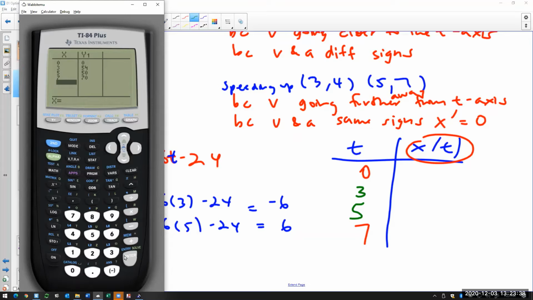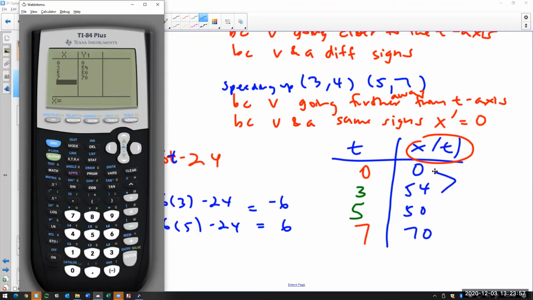You almost feel bad doing this, right? I mean, I know you feel bad but for other reasons. You feel bad because the answer is right here, 0, you just copy it, 54, 50, and 70. But those aren't my total distances. Do you remember how to get total distances?